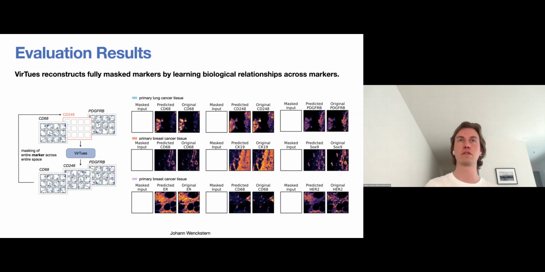Since here none of the tokens of CD68 were visible, the decoder only gets the cell summary tokens. And the ability to reconstruct the expression patterns here shows that the cell summary tokens encoded by VirTues contain a meaningful representation, allowing us to do molecular regression basically of the tissue. So this is basically the first evaluation also of the representation quality.